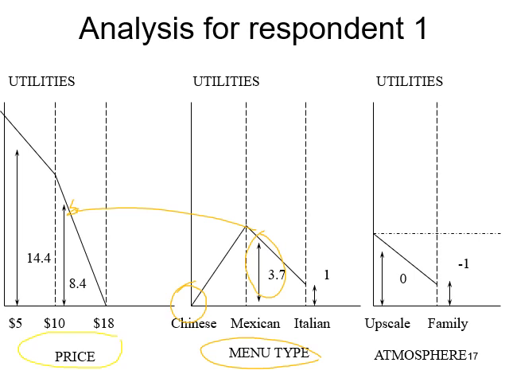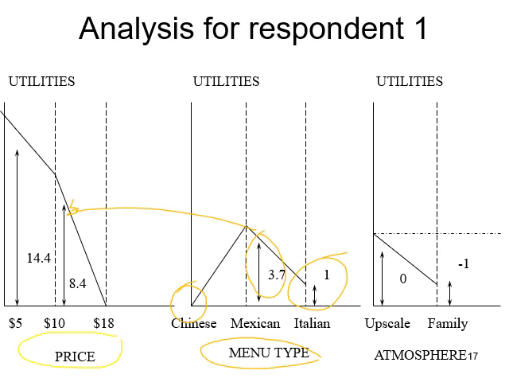Because they care about price more than they care about menu type, right? So they will just like cheap food a lot more than they care about whether it's Mexican or Chinese. And then here you have Italian, which has a utility of 1, still preferred over Chinese, but less so than Mexican. So Italian is kind of in between, right?